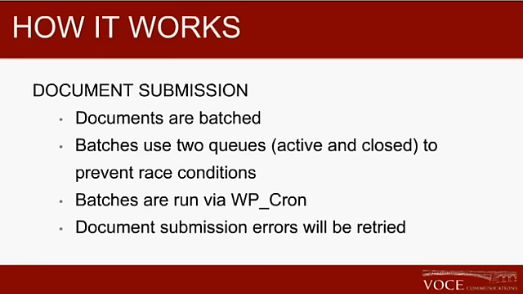That way you're always as up to date as you can be without it being completely real time. And any document submission errors do get retried. If there's an error submitting a document to Cloudsearch, which really rarely happens in what we're seeing, that will remain in the queue, and then it'll just get processed the next time the queues run.